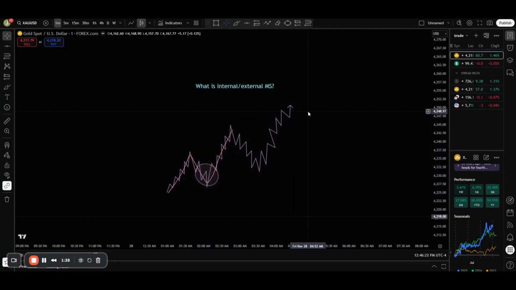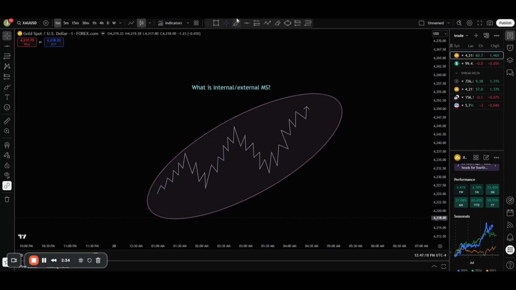And when you look at it that way, you realize that all market structure is both internal and external. If we look at this trend right here, we obviously have the external trend, and then we have the smaller trends that make up that overall trend. So that would be internal structure.